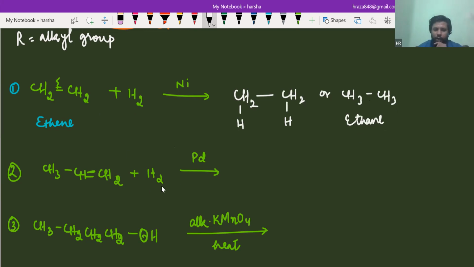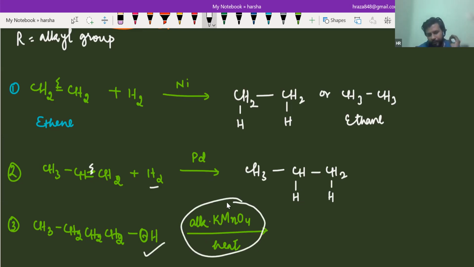In the same way, if you are going to add this, one of the bonds will be broken, and you can see this is CH3 as it is, this was CH, and the double bond now becomes a single bond, and one hydrogen will be added to each carbon along the double bond. Now see this, since this is a strong oxidizing agent, this alcohol will be directly converted into carboxylic acid.